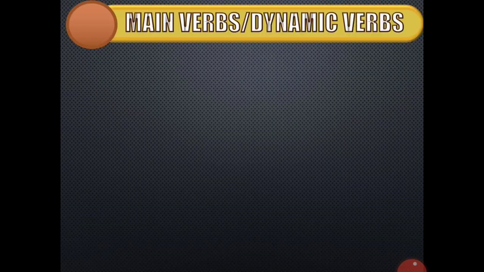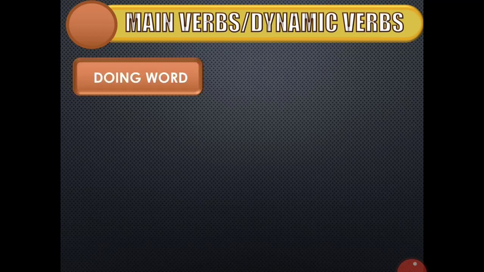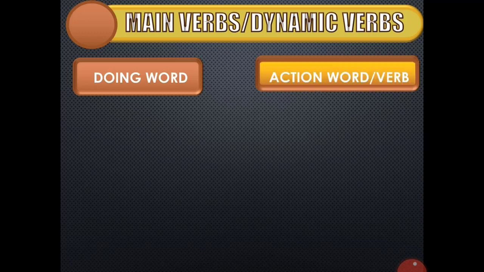Here we are going to start learning from the dynamic verbs, or the main verbs. Main verbs are sometimes also called doing words. Verbs are doing words, that's the definition you learn in class 2 and class 3. Doing word, or action word, or action verb.